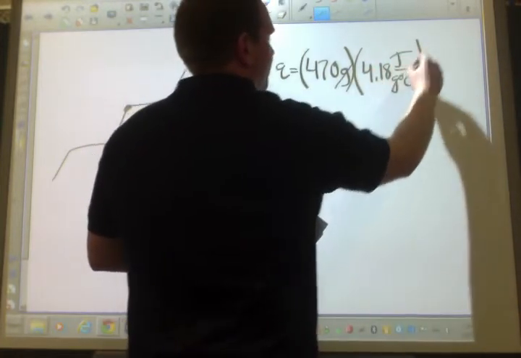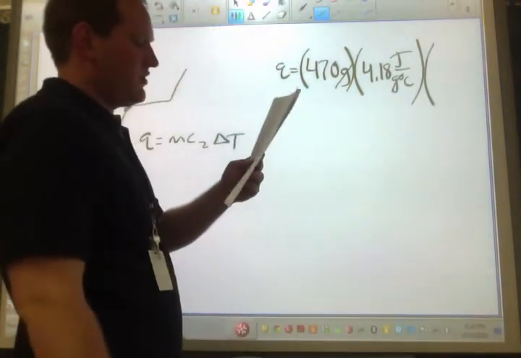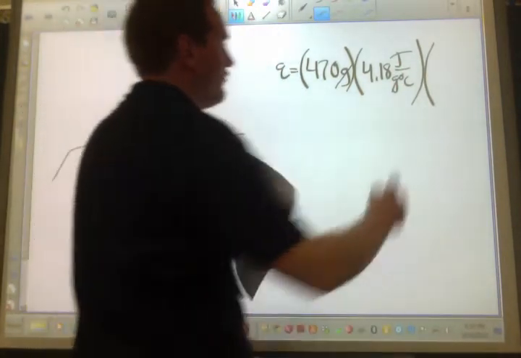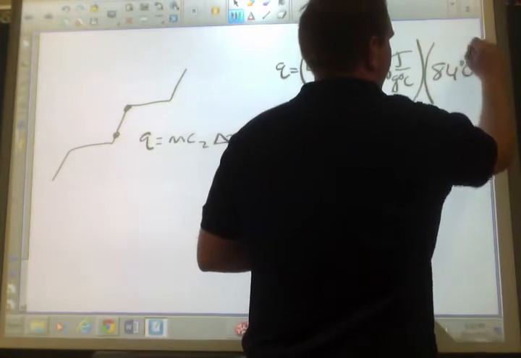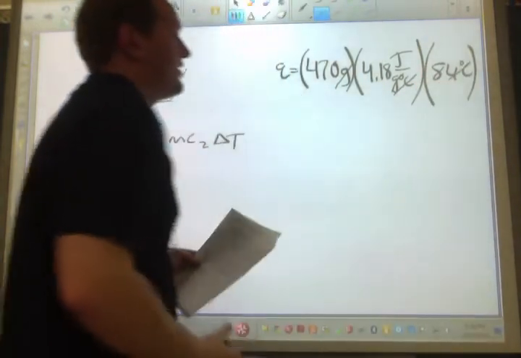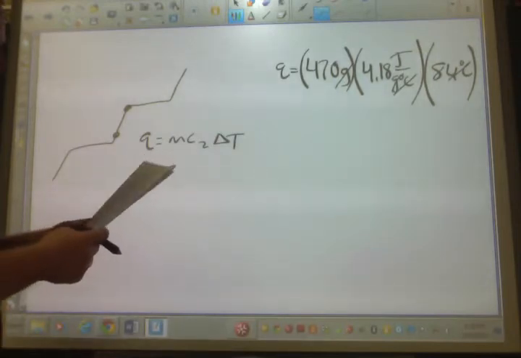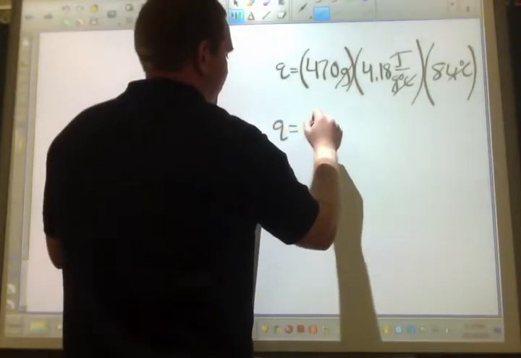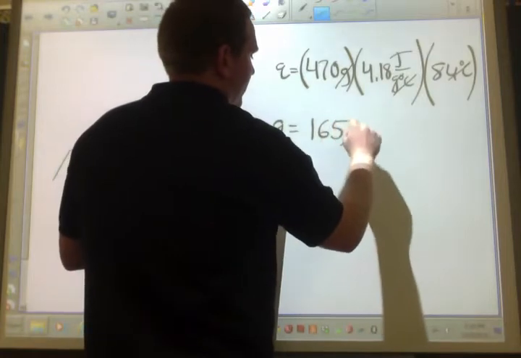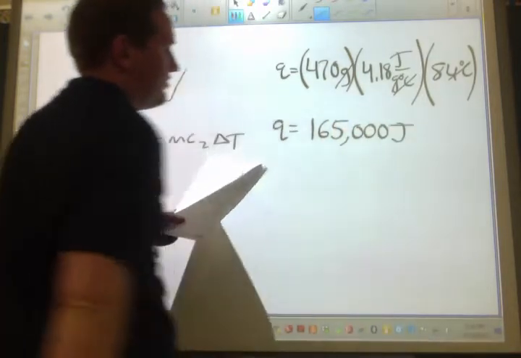Gram cancels gram. Delta T, it's going from 16 to 100, so that's 84 degrees Celsius. Degree Celsius cancels degree Celsius. We're left with joules. Work this out, and we get Q equals, with 3 sig figs, 165,000 joules.